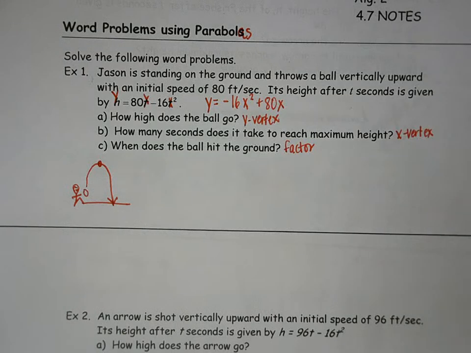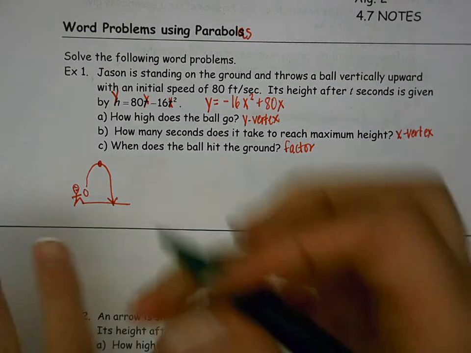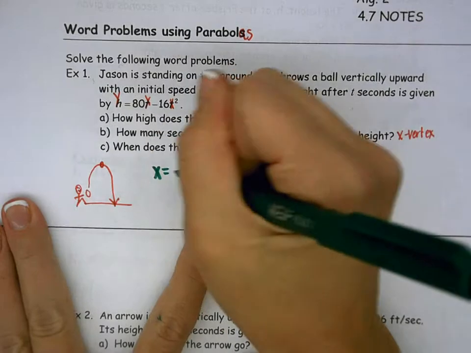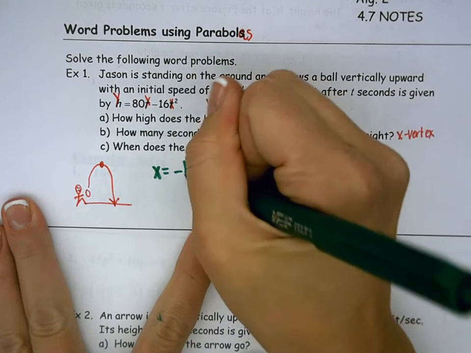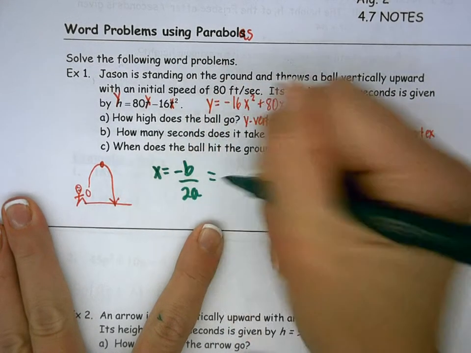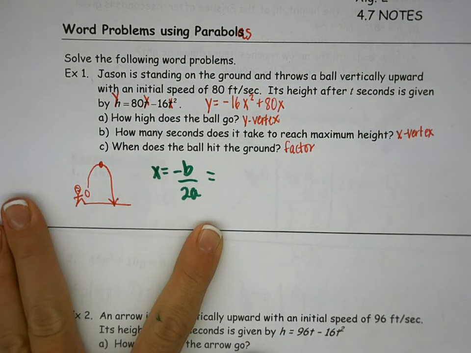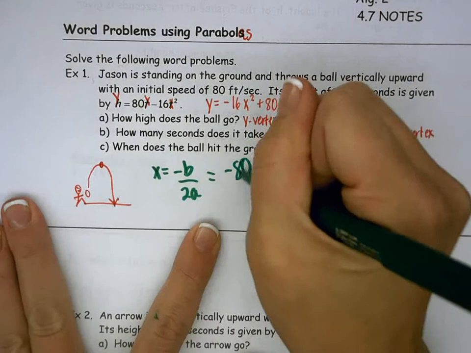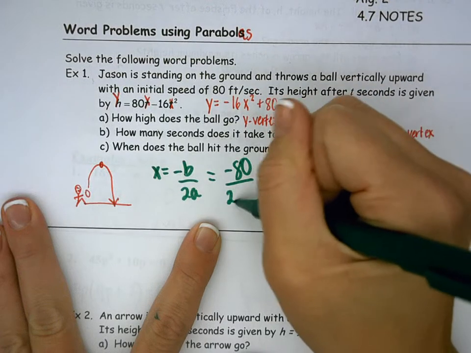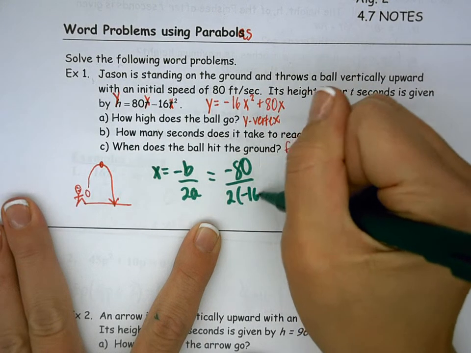So we have to find the X before we find the Y, correct? How do I find the X value of the vertex? Very good. Negative B over 2A. So in this case, it's going to be negative 80 over 2 times negative 16.